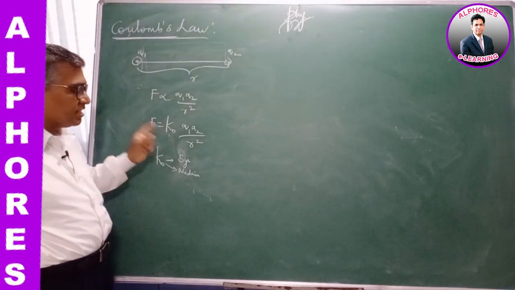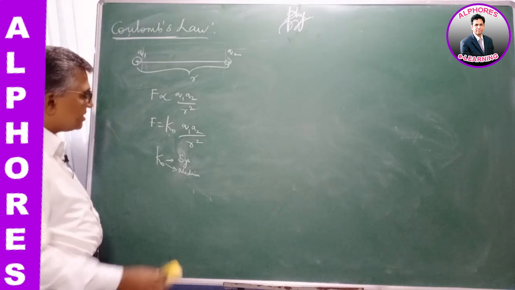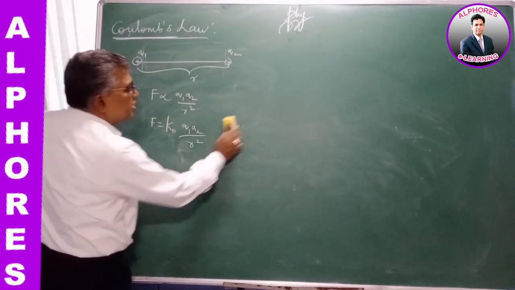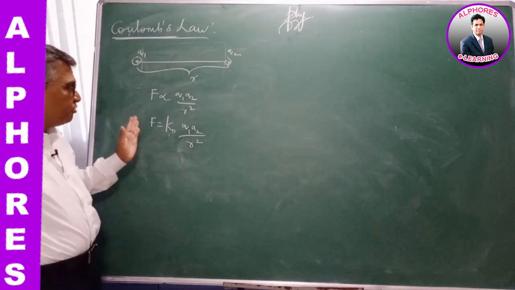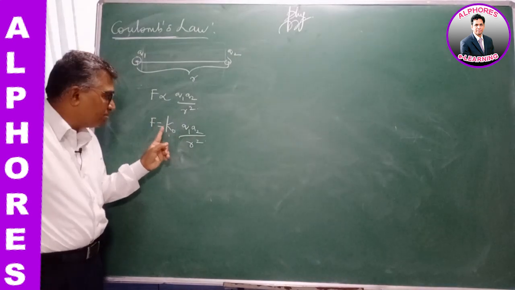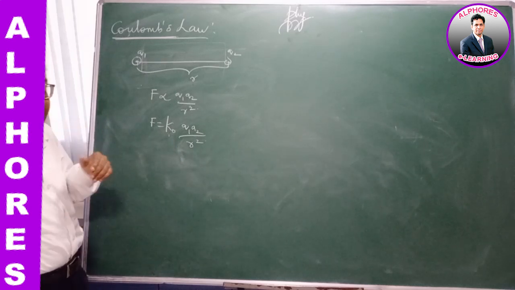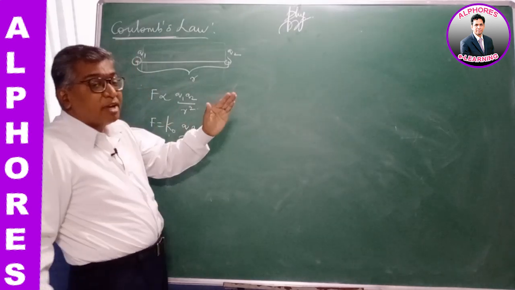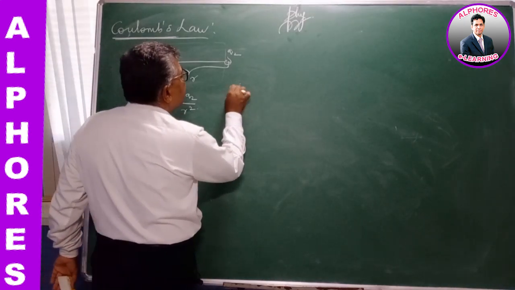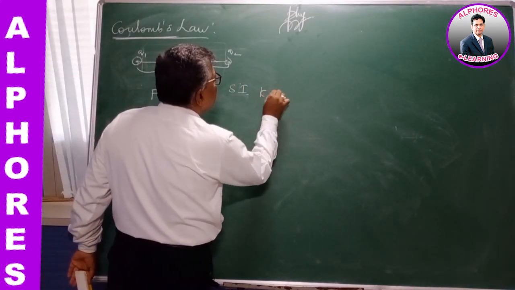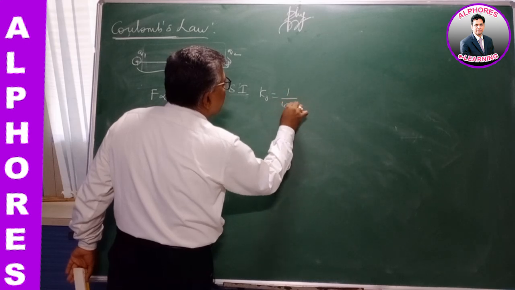Based on this, the constant k naught is defined. In various systems of units, force differs. In the CGS system, k naught is 1. In the SI system, k naught is given as 1 by 4 pi epsilon.